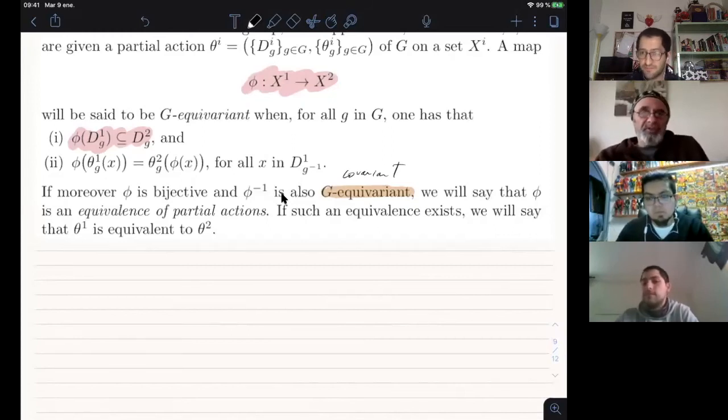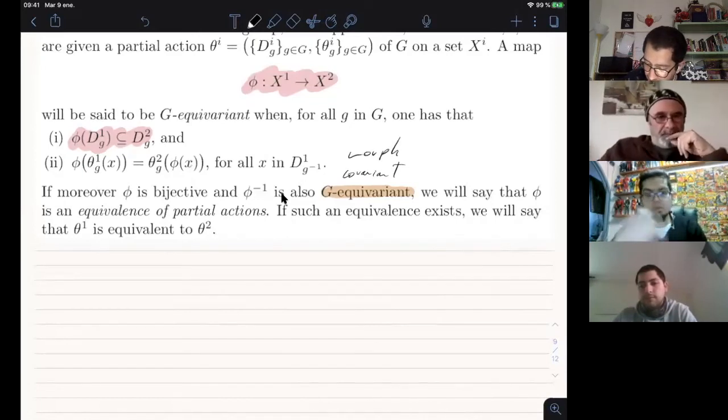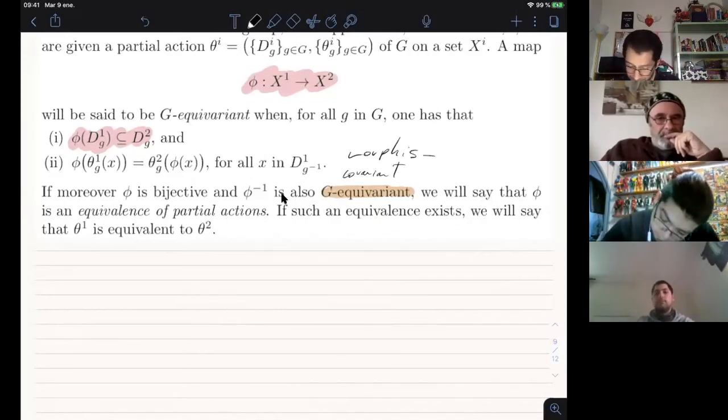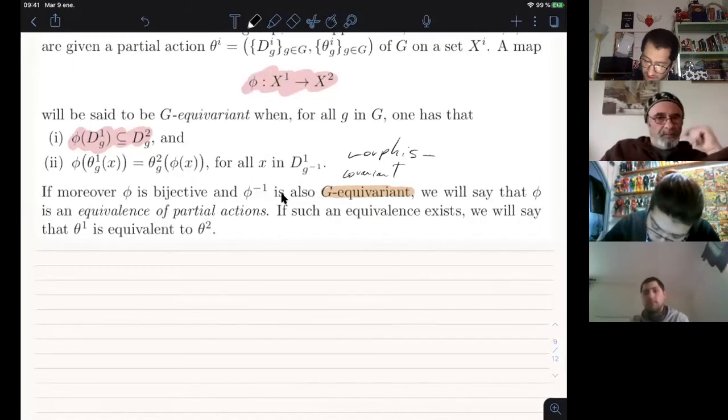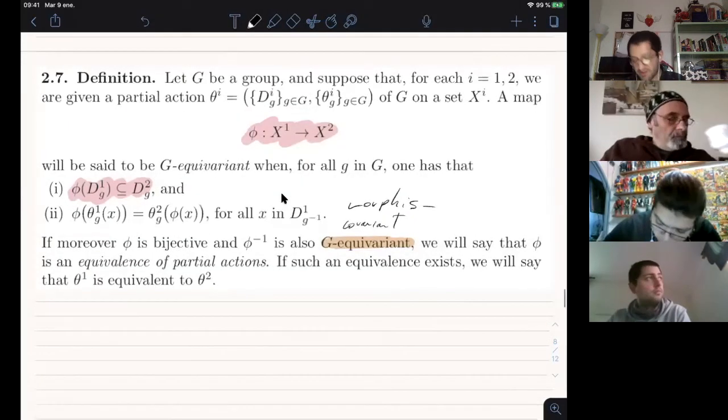Exactly. That's this category in which the actions are only partial. And to have an equivalence, we need isomorphic dynamical systems. What we do is move a partial action inside another.